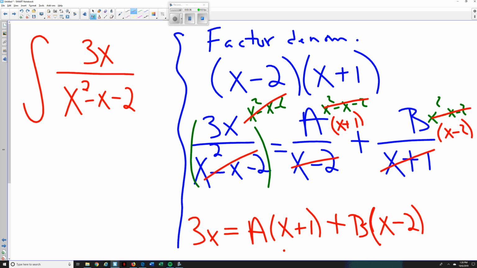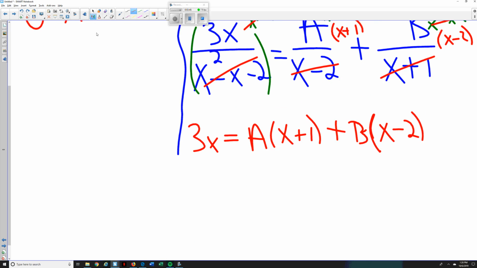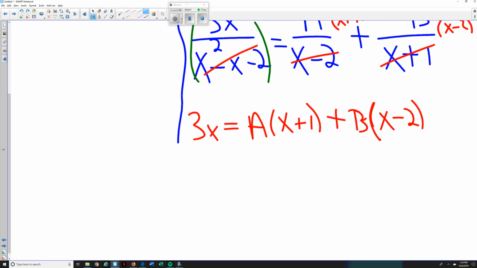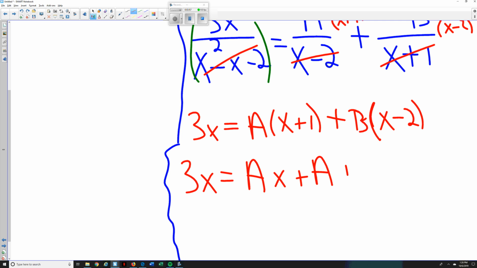And so now we're going to create a system of equations here, you may remember. All right, so let's scroll down here. I'm going to split my screen a little more, okay? And so what we get is 3x equals ax plus a plus bx minus 2b.